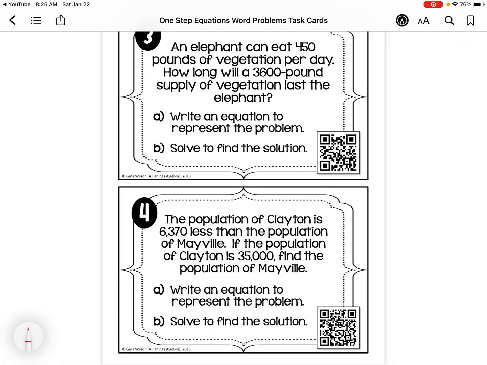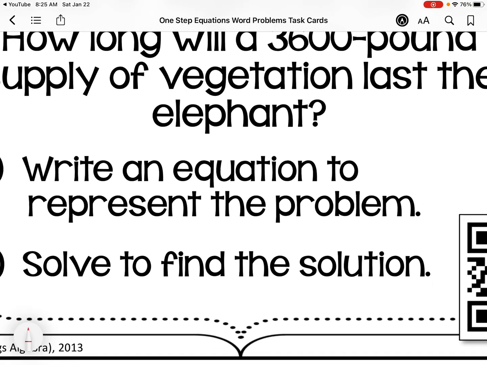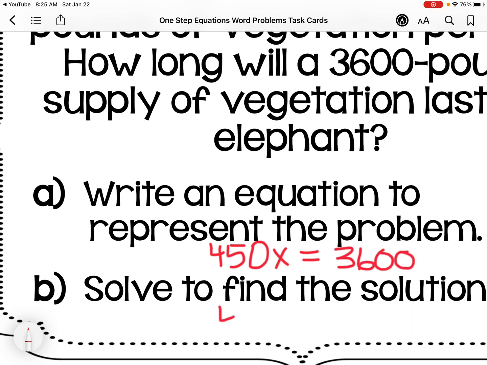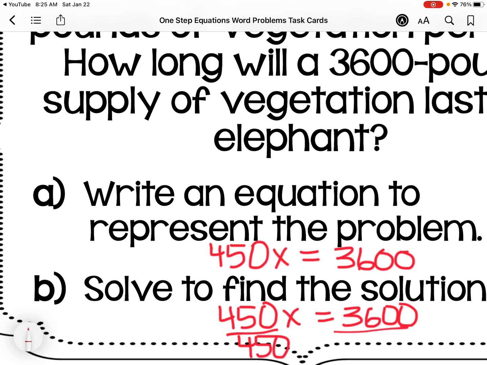An elephant can eat 450 pounds of vegetation per day. How long will a 3,600 pound supply of vegetation last the elephant? So 450 X, so per tells me to multiply, and that equals 3,600. So I'm going to do 450 X equals 3,600. I'm going to divide by 450 on each side.